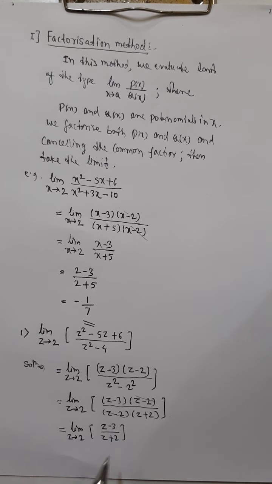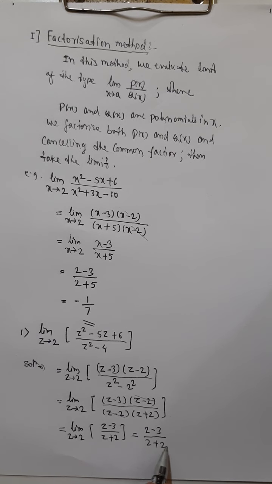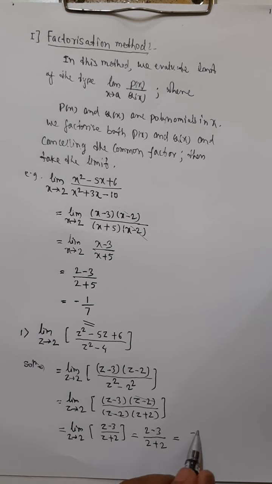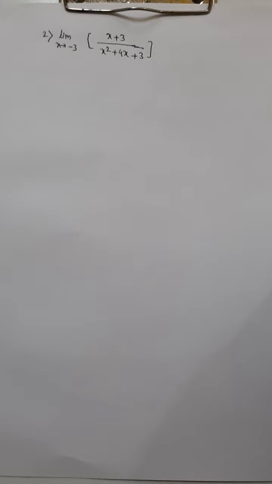And now we can take the limit. Replace z by 2. So we get 2 minus 3 divided by 2 plus 2. 2 minus 3 is minus 1 and 2 plus 2 is 4. So minus 1 by 4 is the limit of this problem.